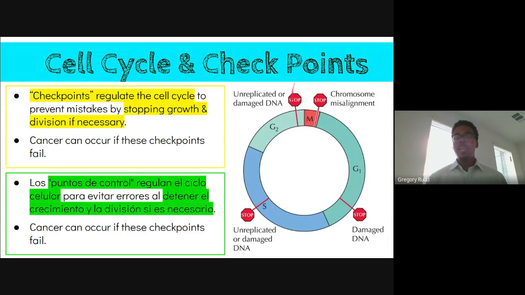If something is wrong here, we've got another checkpoint. If we're not ready to divide, then we say, okay, you need to stop. Don't grow any further. And then lastly, once we actually undergo M phase, once we undergo mitosis or meiosis, if something is wrong there, well then the cell is not allowed to split.